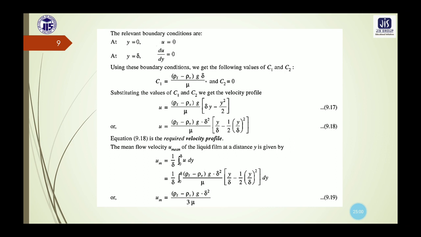After certain steps, if we do this integration within the limits 0 to delta, then we will get the mean flow velocity um equals (rho L minus rho V) into g delta square divided by 3 mu. So that is the expression of the mean flow velocity.